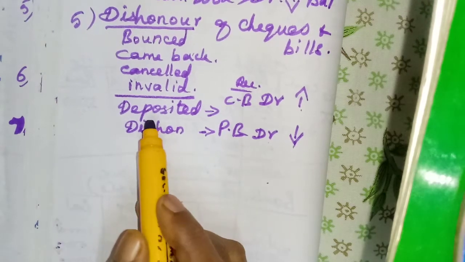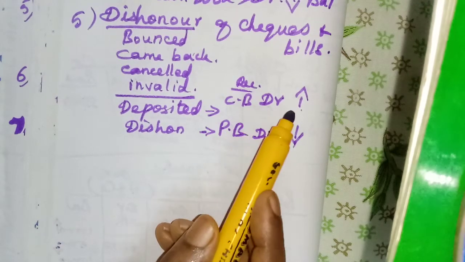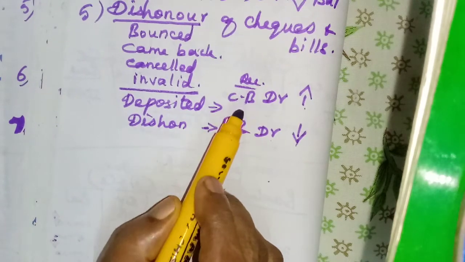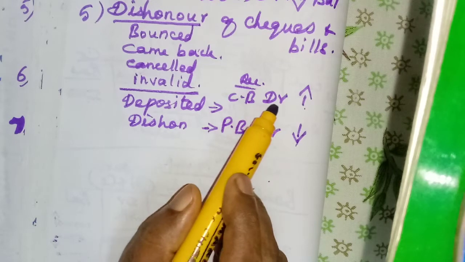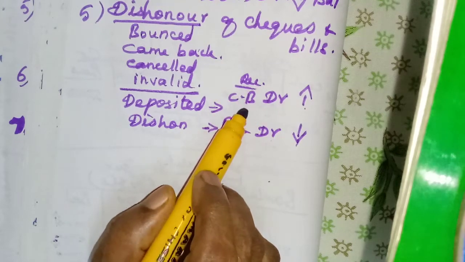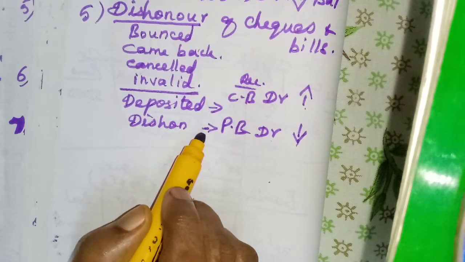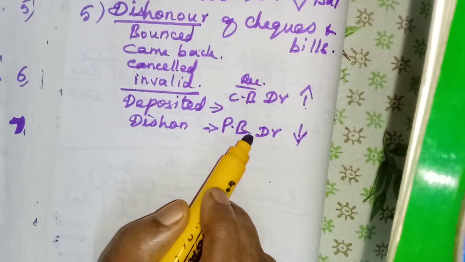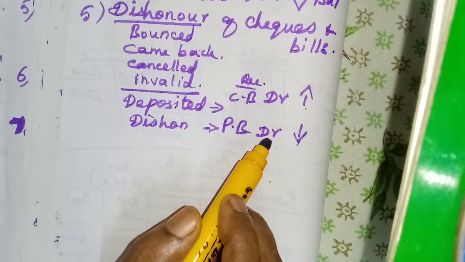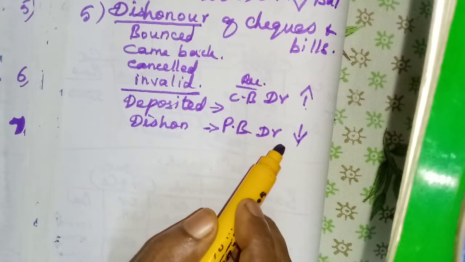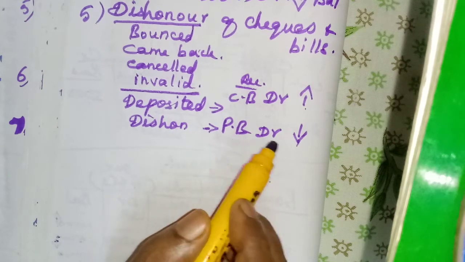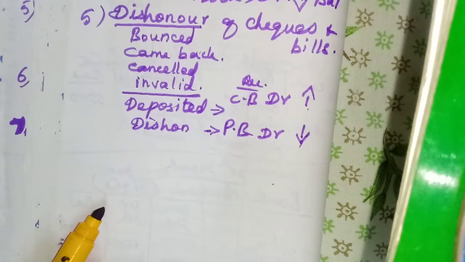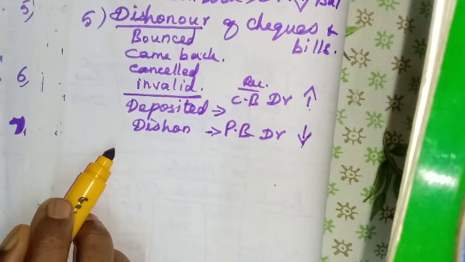That is why when we deposit a check, we write it on the receipt side as deposit of checks. We send the check to the bank for collection, and when it is bounced or dishonored, the bank debits it back. Immediately it will credit, and again it will debit if it is dishonored. That is why the difference occurs.